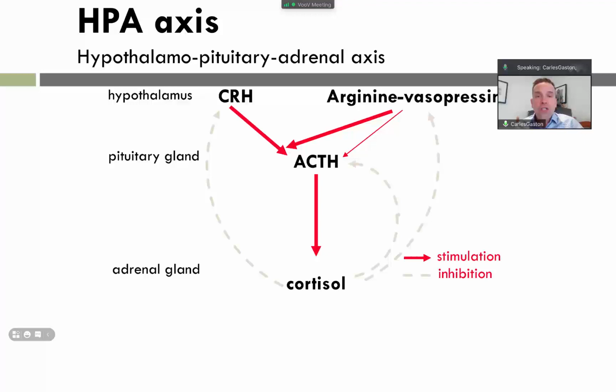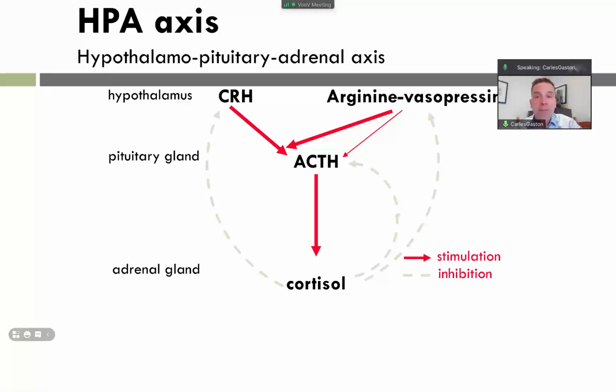Now, there is also another hormone releasing hormone, which is CRH, the corticotrophin releasing hormone. Corticotrophin releasing hormone is important for the hypothalamic pituitary adrenal axis, and we will cover this in detail in the lecture of next week.